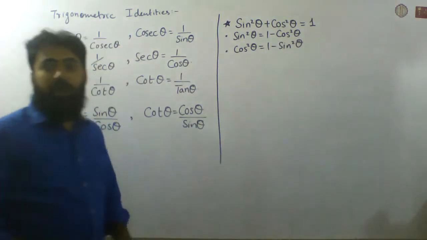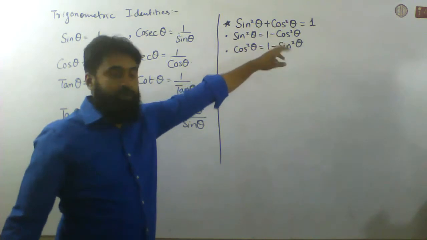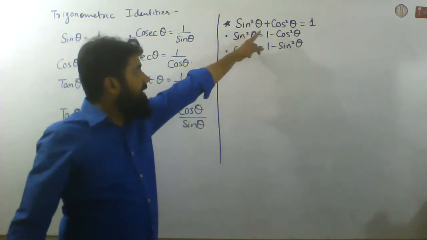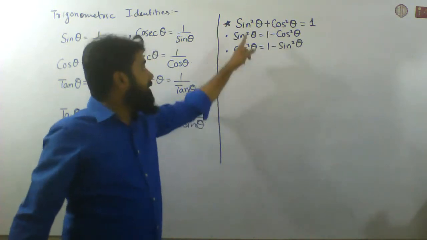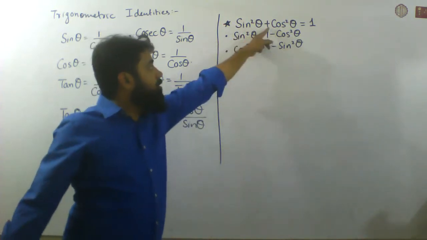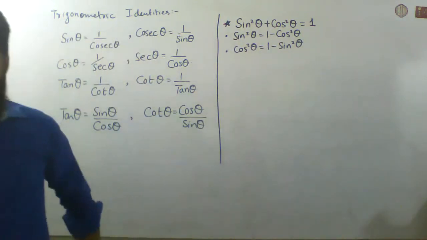In one variation I shifted cos square to the other side, giving 1 minus cos square, and in the other I kept cos square on the left side and shifted sin square to the right side, and got this result.